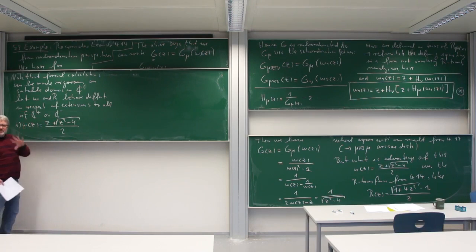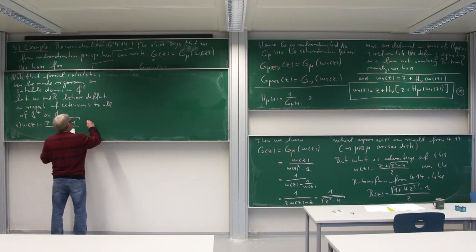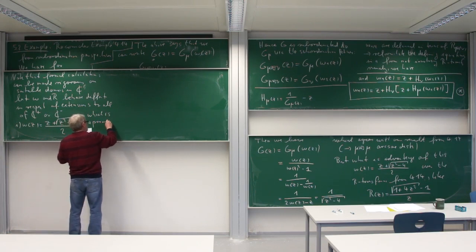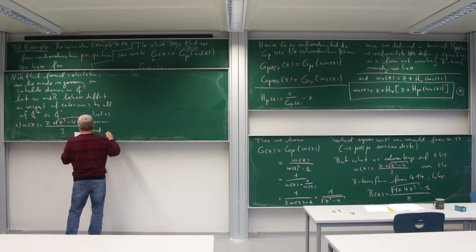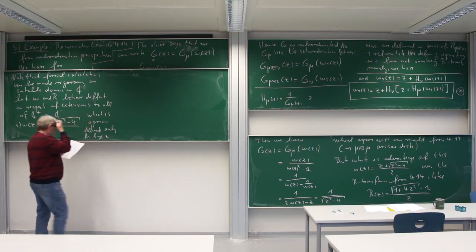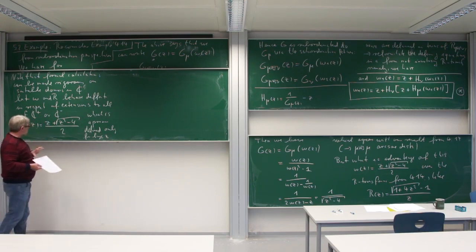So this means this is a priori defined only in a neighborhood of infinity, for large z, but it is defined as an analytic function there.